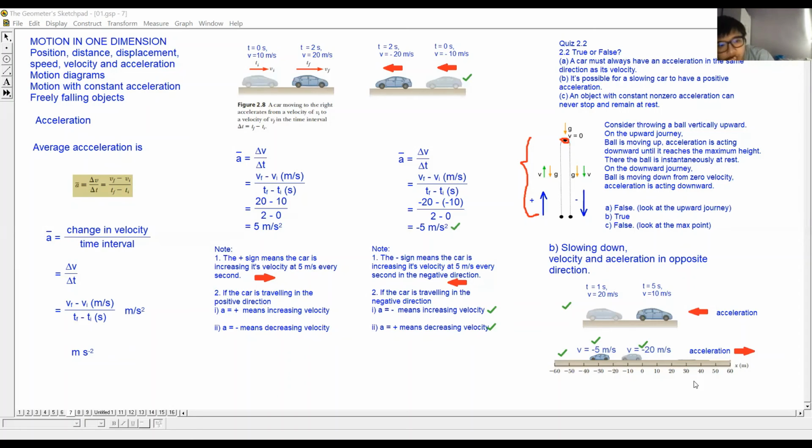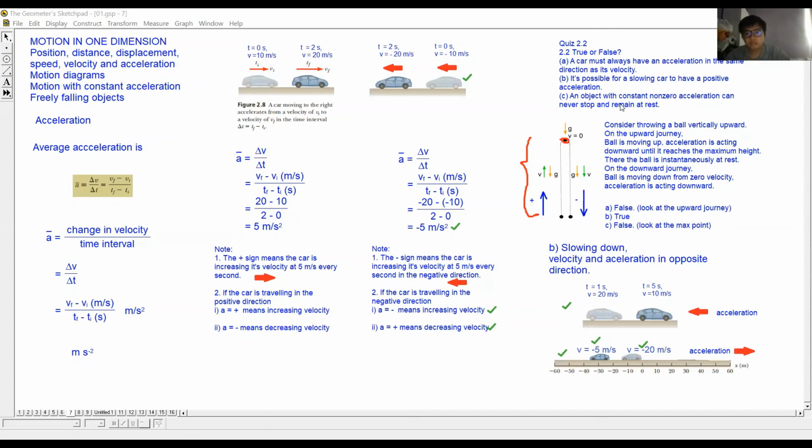Now, if the velocity and the acceleration are in opposite direction, it means the vehicle is slowing down. So in both cases, the car is slowing down. The acceleration is in this direction, the car is moving in the other direction. In the second case, the velocity is in this direction, the acceleration is in the opposite direction. So that is what they meant by velocity and acceleration in the opposite direction, they are slowing down.